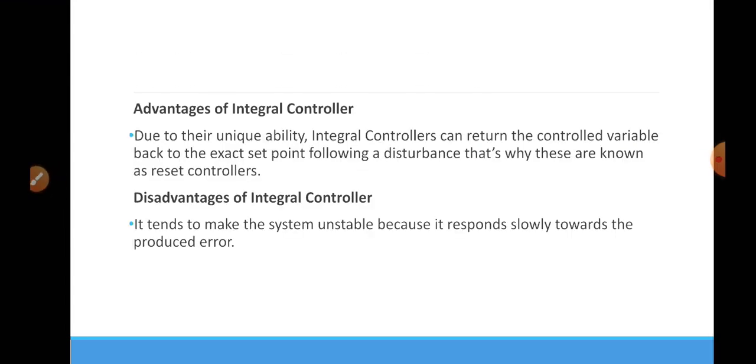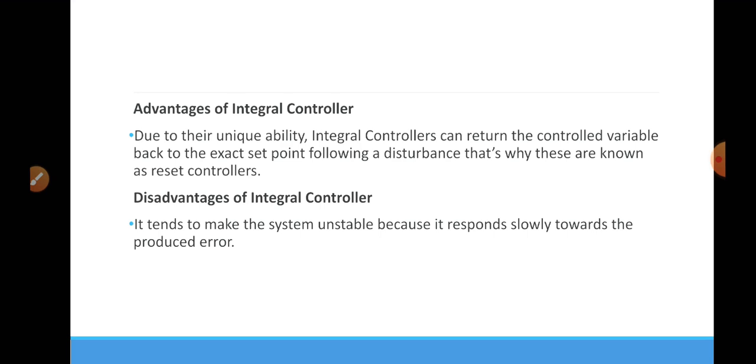Now, what are the advantages of this integral controller? First advantage is due to their unique ability, integral controllers can return the controlled variable back to the exact set point. In our proportional controller, the error signal is amplified, hence its value changes at the output.